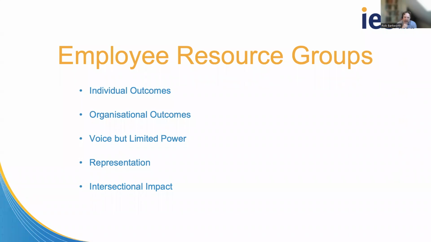My concern in relation to these groups is that they seem to be deployed for multiple reasons, and there isn't always clarity on their purpose and the expected outcomes, or on the experiences of those who are members of these employee resource groups.